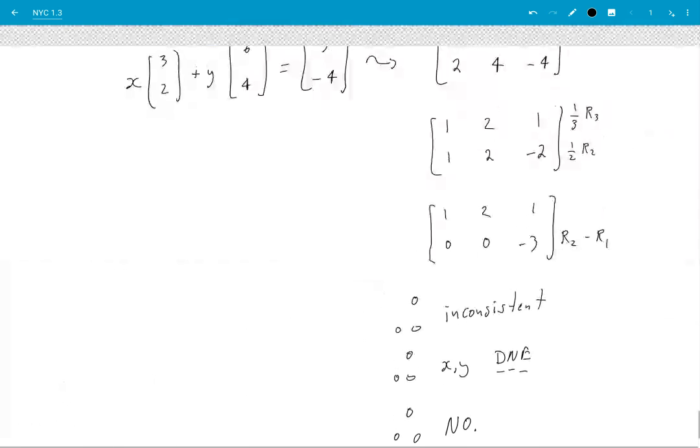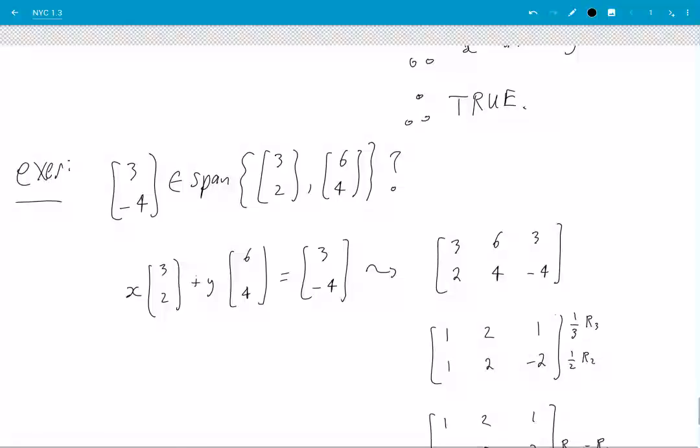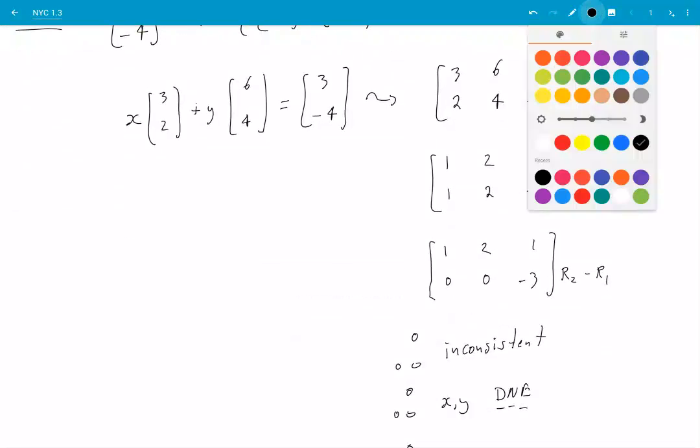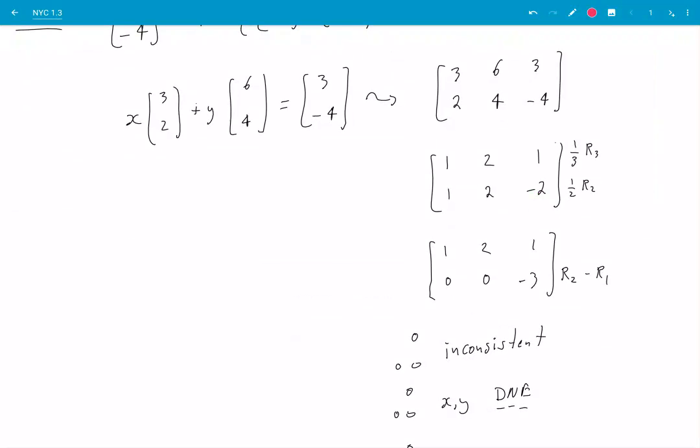Now, what do we do with that? If this looks complicated to you, then just remember I'm starting with this, like my a1 u1 plus a2 u2 equals b.